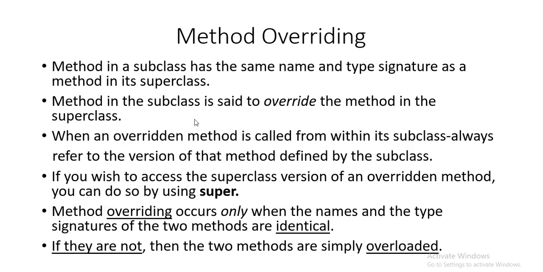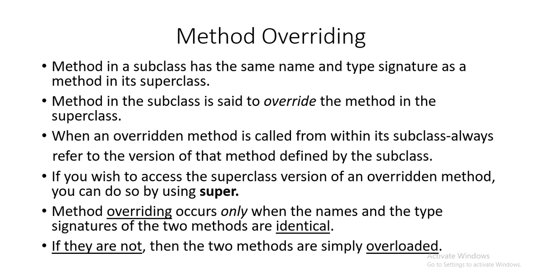If the external exam asks about method overriding, write some points and explain them. First, the definition of method overriding and how method overriding should be achieved. Next, how to access the superclass specific, overridden method by using super.